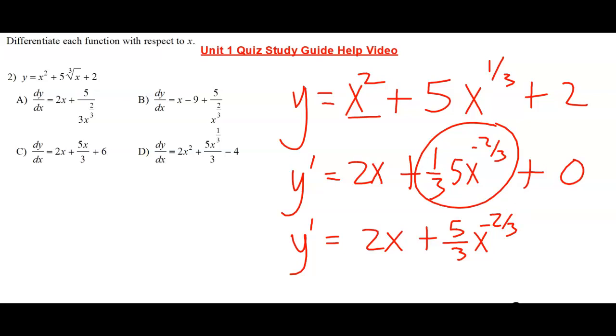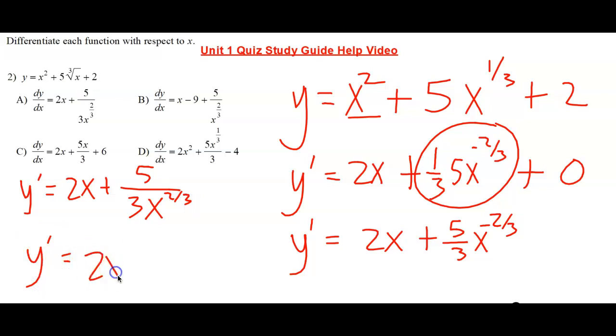Now this is an okay answer, but another way that this thing could be written is like this, as you guys know. Or another way that it may be written is like this.